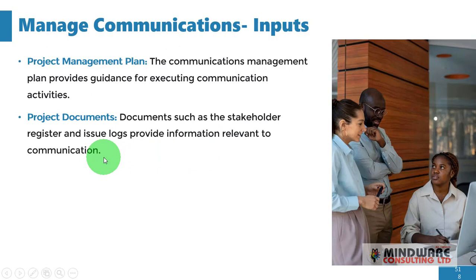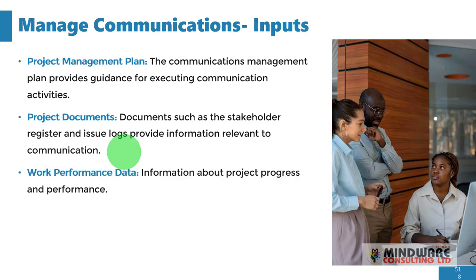And then of course the issues log, a document where you have a list of different issues that arise in your project. So it's part of the input you're going to need.